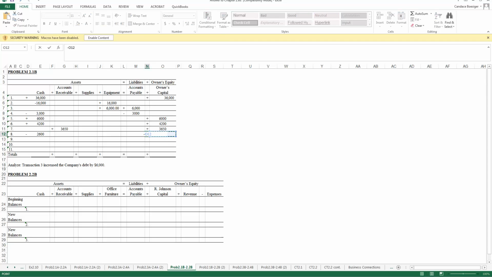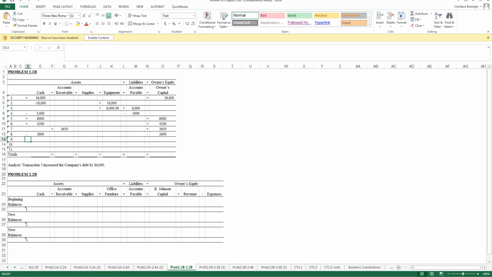And this is going to decrease our owner's equity. Decrease our equity overall.